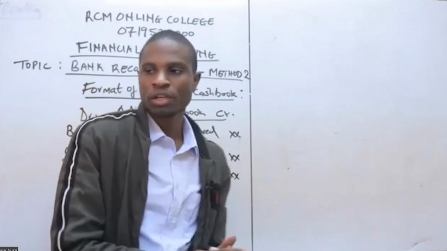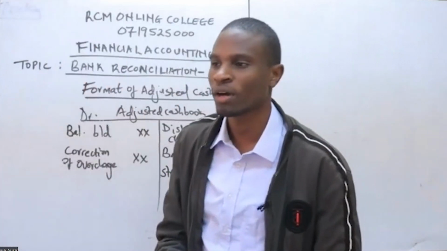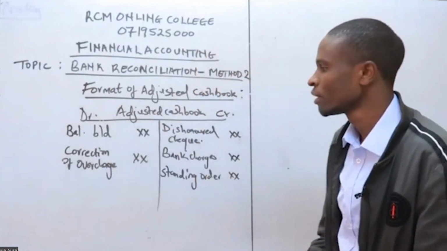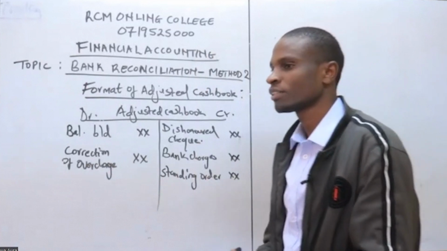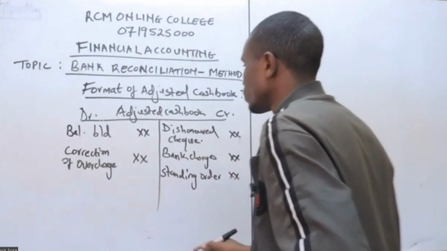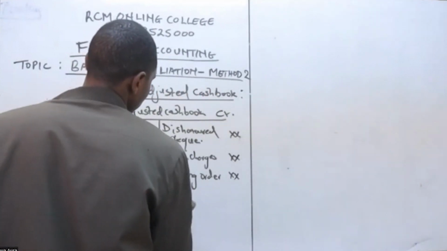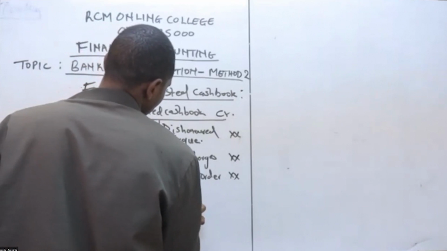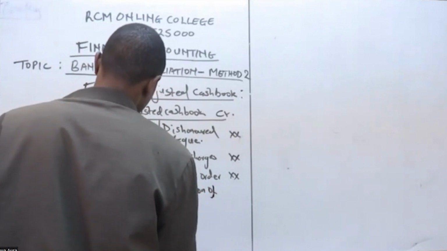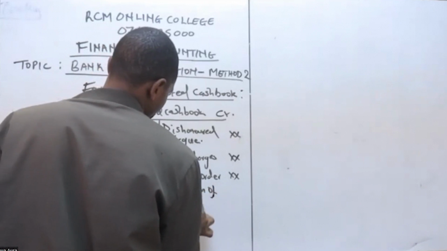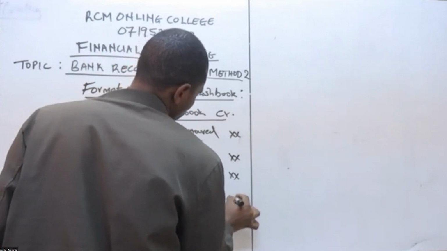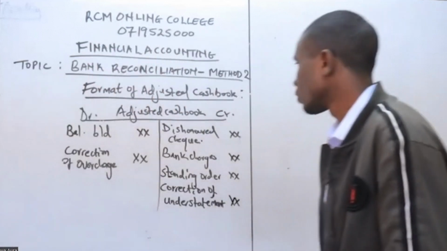You can be having something, maybe an error, if you have overcharge on this side, you can be understating some values, some transactions. Maybe such an error, you can put it on the credit side. So correction of understatement, we usually credit.